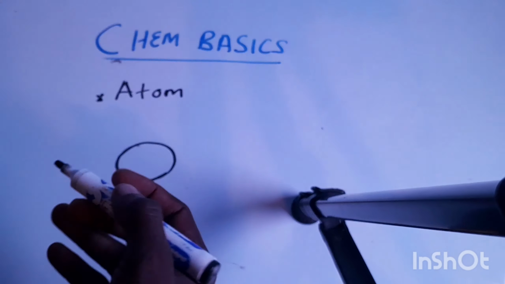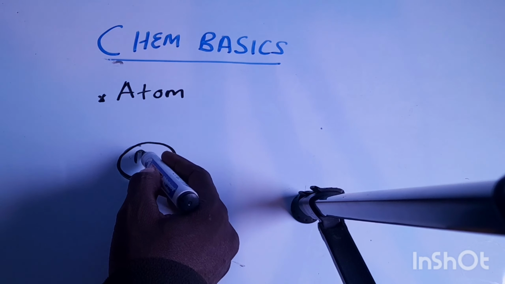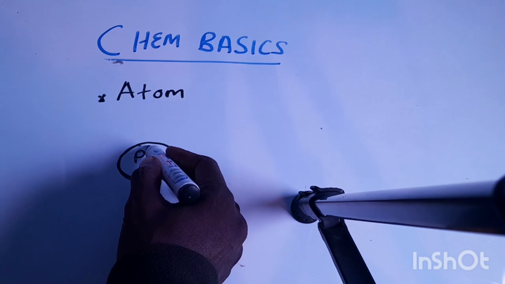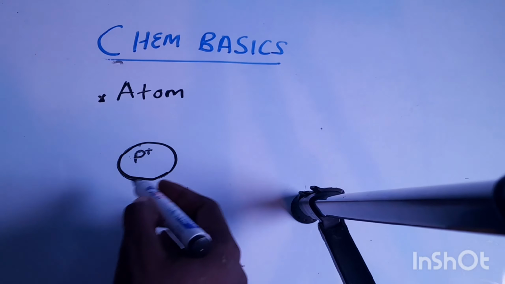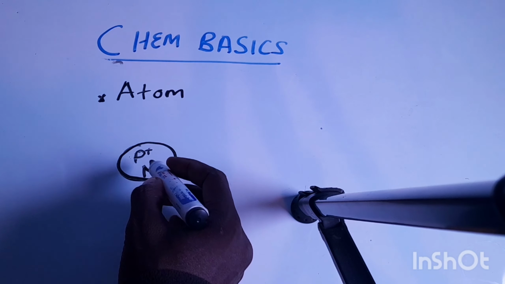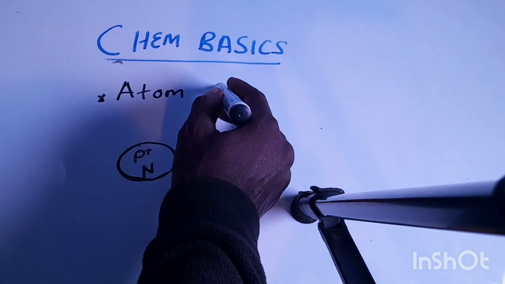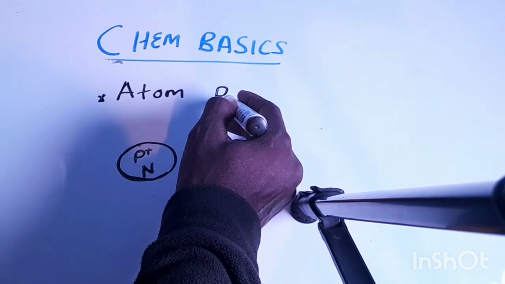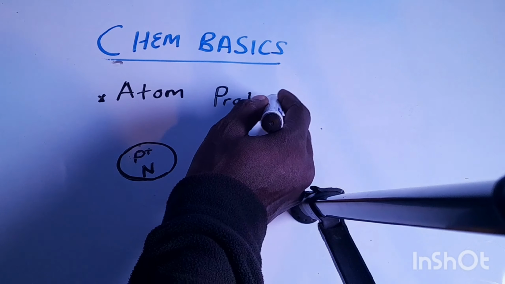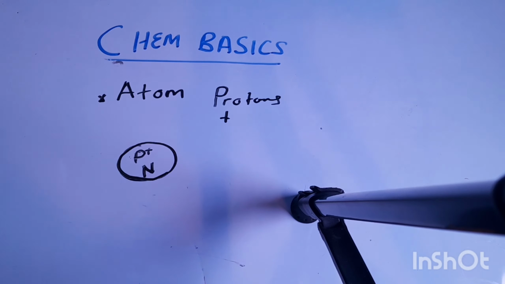Inside the nucleus we have particles called protons, and we also have particles called neutrons, right? Protons are positively charged, and the neutrons don't have a charge, which means they're neutral.